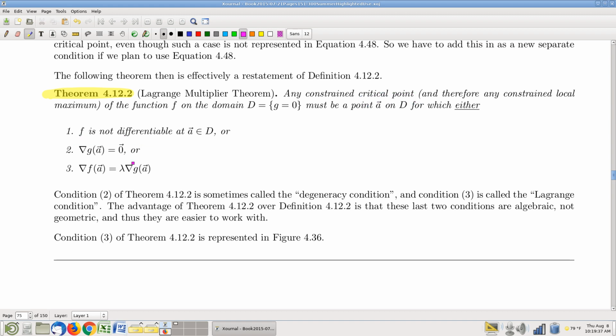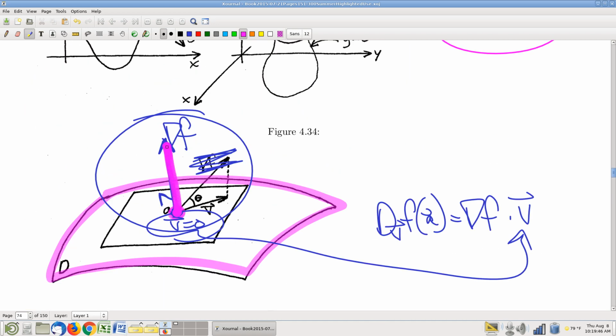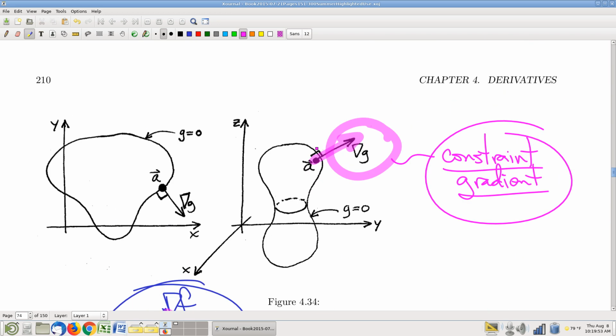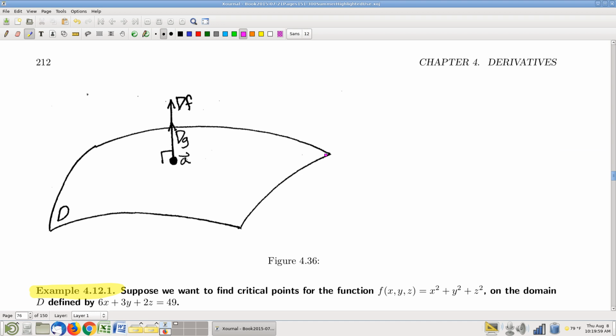Secondly, now I'm going to write this as gradient of f is a multiple of the gradient of g. That's not what I wrote here. What I wrote here was that the gradient of f be perpendicular to the surface. But don't forget, the gradient of g is always perpendicular to the surface. So if the gradient of f is perpendicular to the surface and the gradient of g is too, then pretty much, I mean, there's an asterisk.